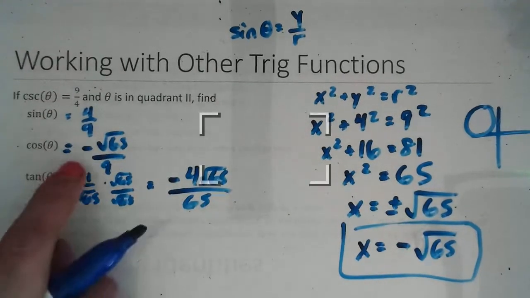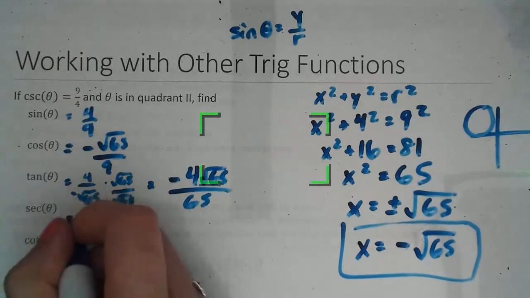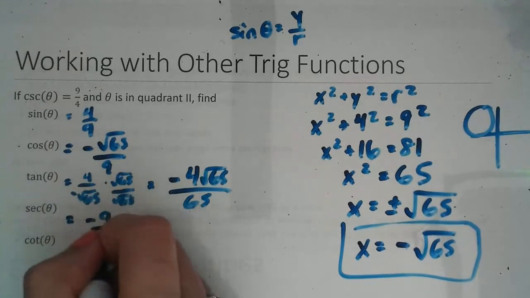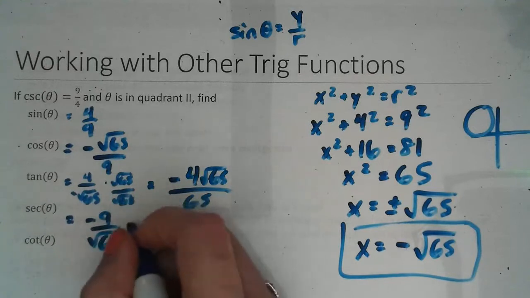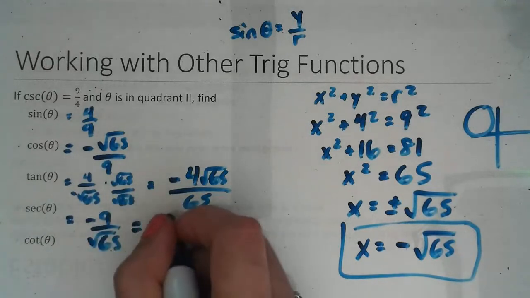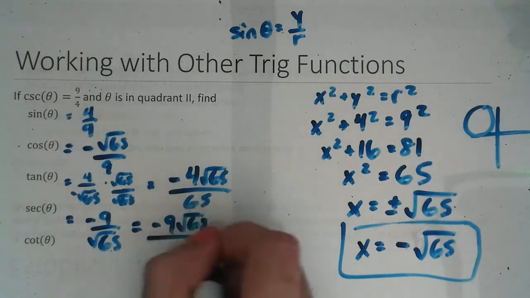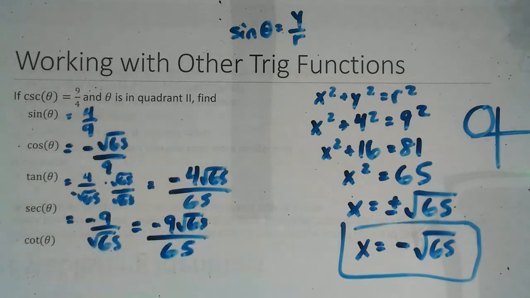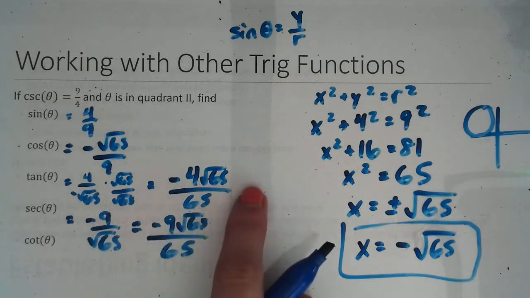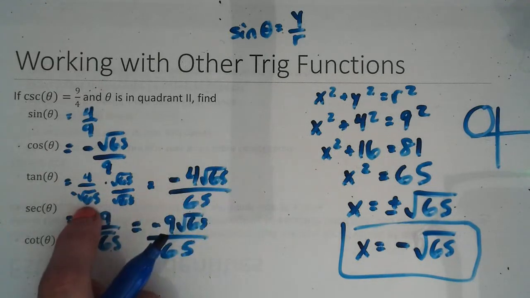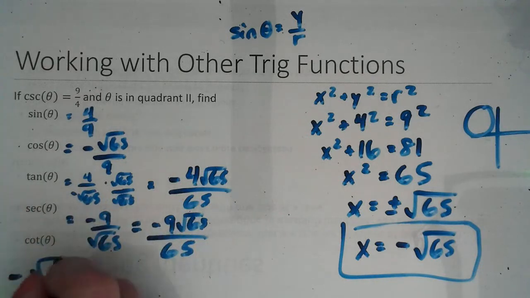Secant is the reciprocal of cosine, so that'll be negative 9 over the square root of 65. And if I rationalize that, I'm going to get negative 9 square root of 65 over 65. And finally, cotangent is the reciprocal of tangent. So I can just take the reciprocal of tangent, and if I flip that, I get negative square root of 65 over 4.